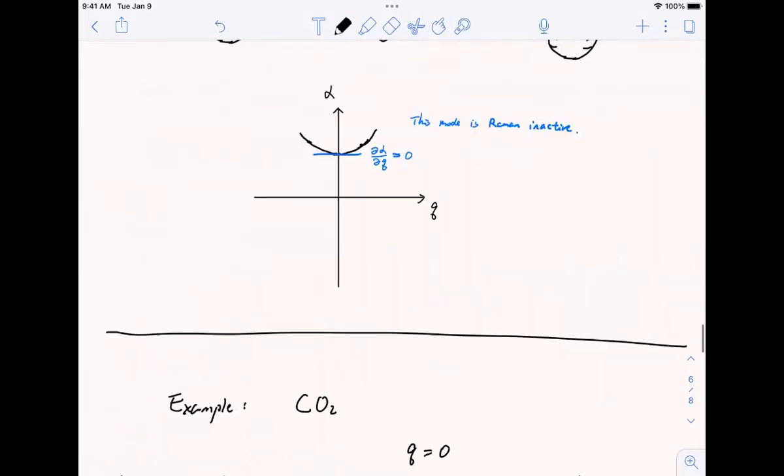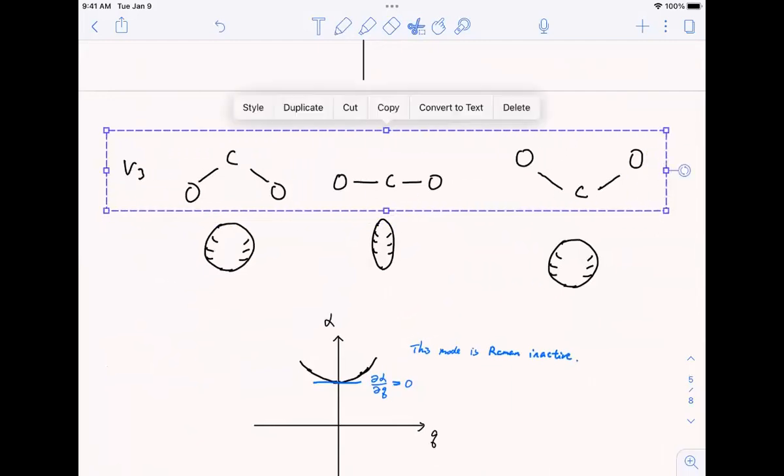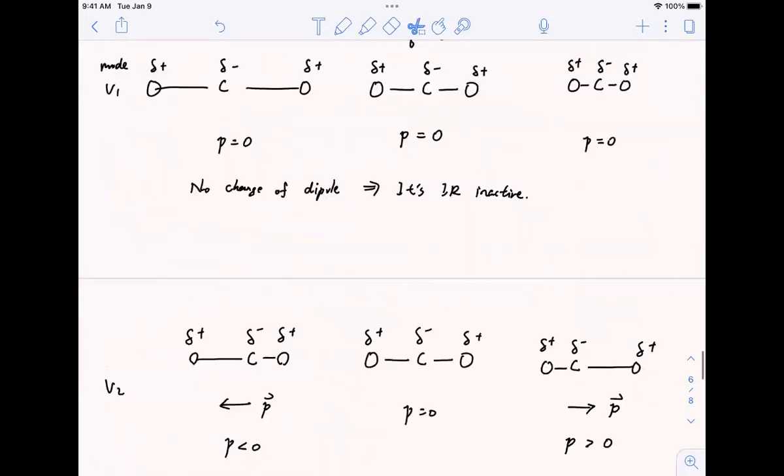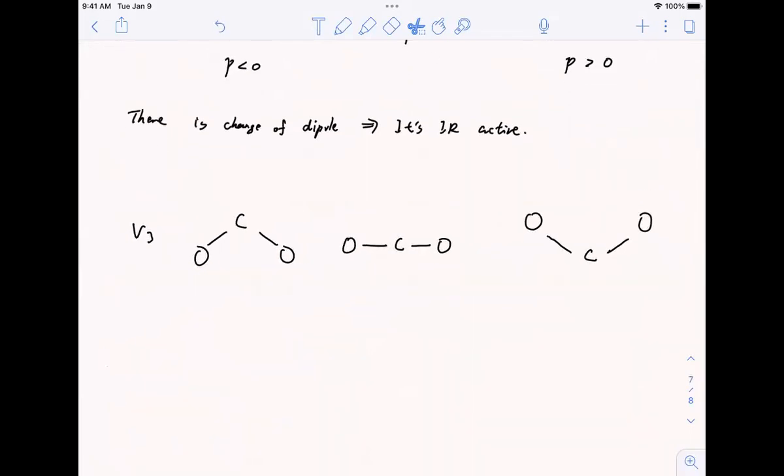So let's go to the third one. We draw the same thing. Then here you have this. So what is the dipole? The dipole is going up, right?